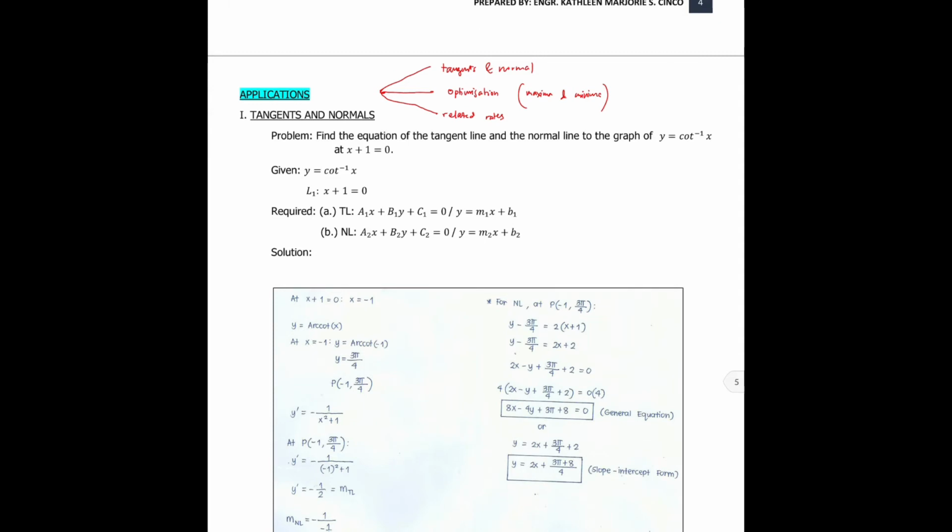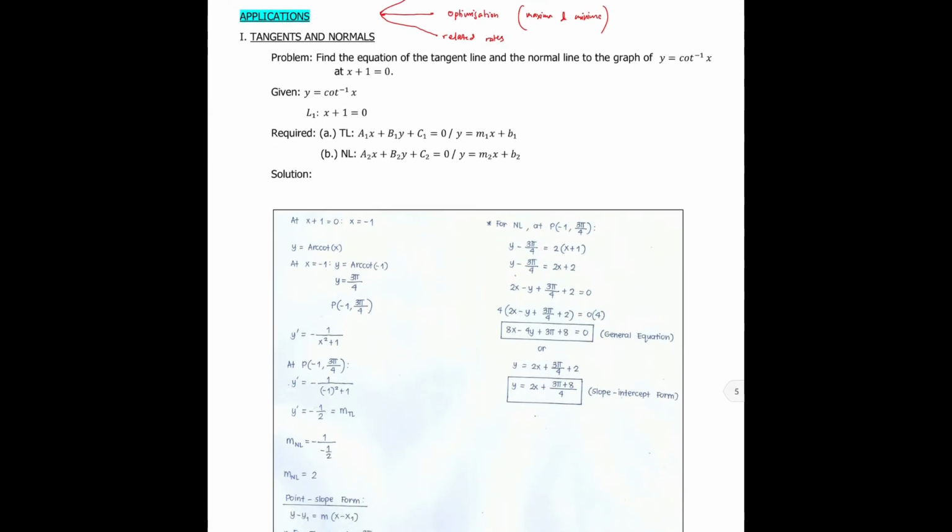Now, first example dari is kaning tangents and normals. So the problem wants us to find the tangent line and the normal line. With that, ang equations ana na line to the graph of y is equal to arc cotangent x, specifically at point x plus 1 is equal to 0. So required na to pangitaan ng tangent line and ang normal line, both in general form of the equation and slope-intercept form.